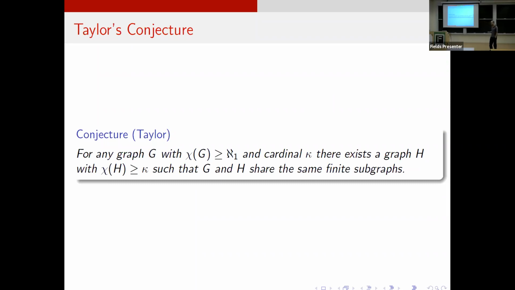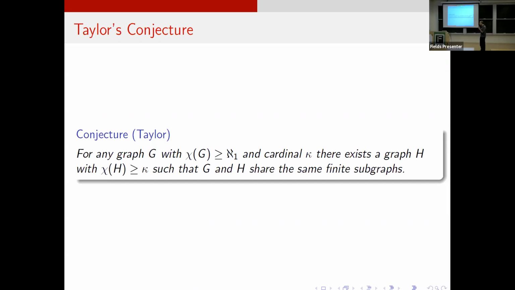So there were a lot of questions like this going around, and Taylor, in his paper on logic, asks the following: say you have a graph G which has uncountable chromatic number, and any cardinal kappa. Does there exist a graph H with chromatic number larger than or equal to kappa, such that G and H share the same finite subgraphs?